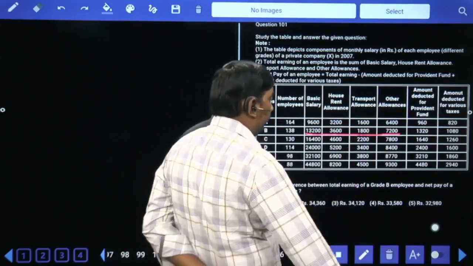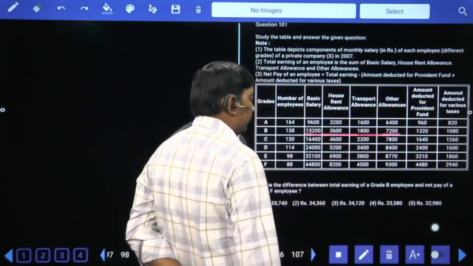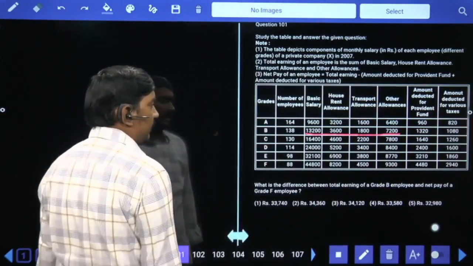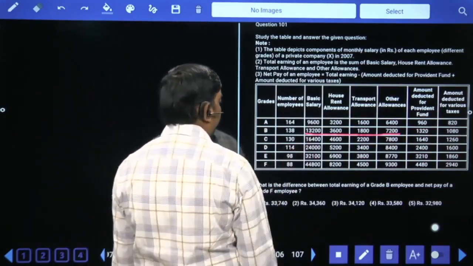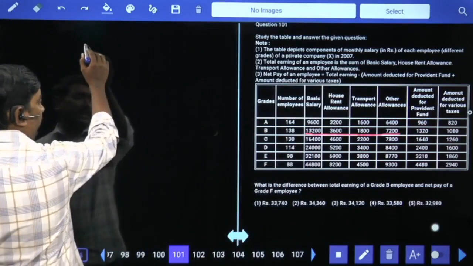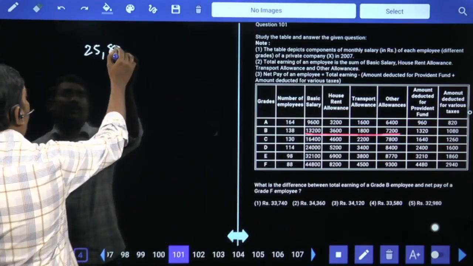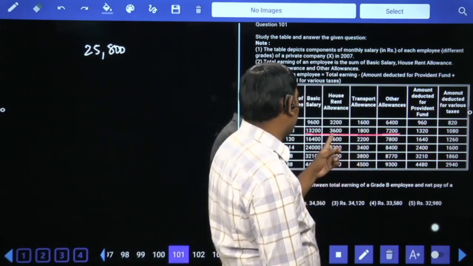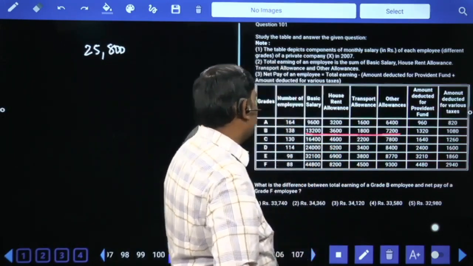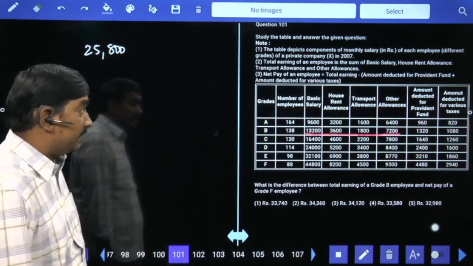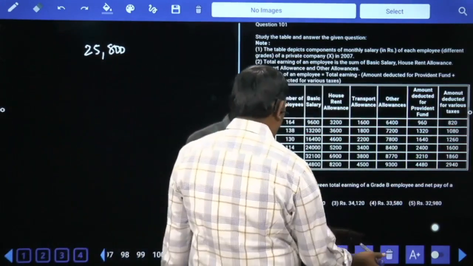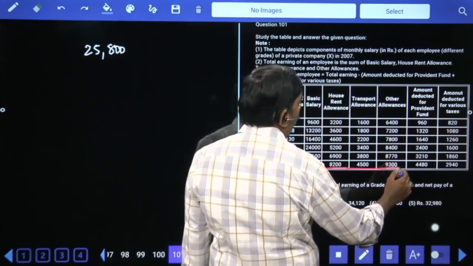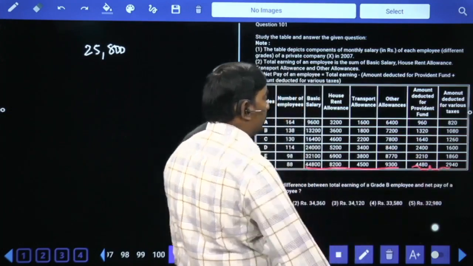1800, 7200, 9000. This is 12600. 12600 plus 13200 means 25800. So 25800: 1800, 7200, 9000, 12600, 13200. Yes, that is total earnings. Then F employee net salary means total earnings minus deductions.